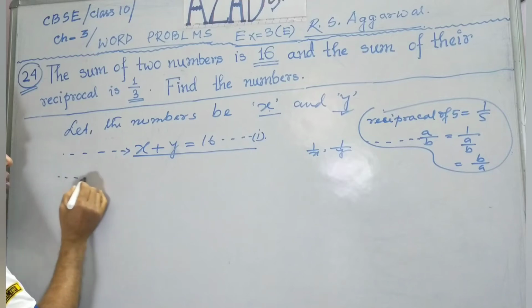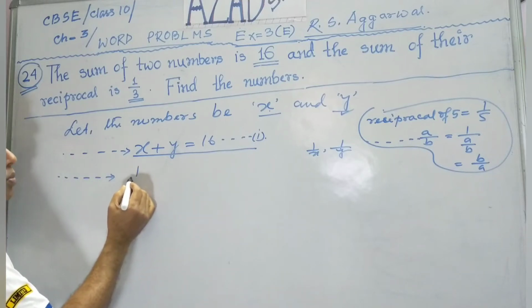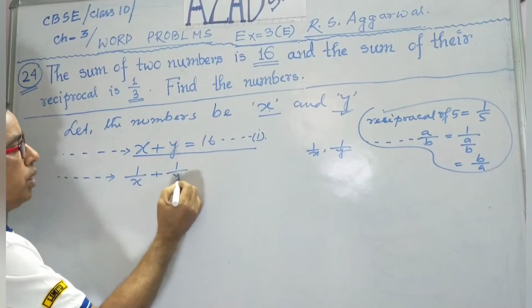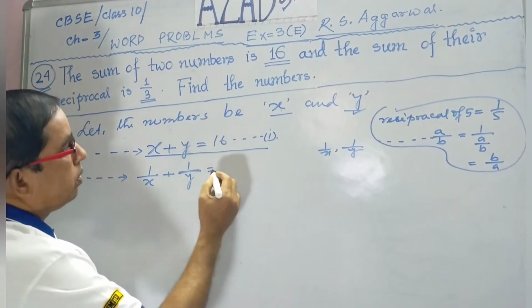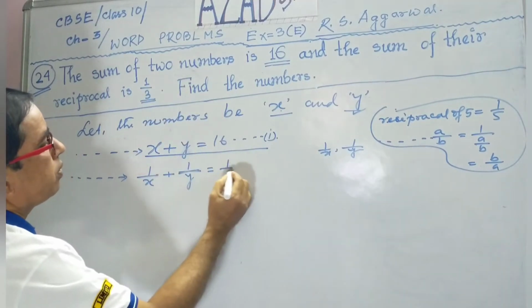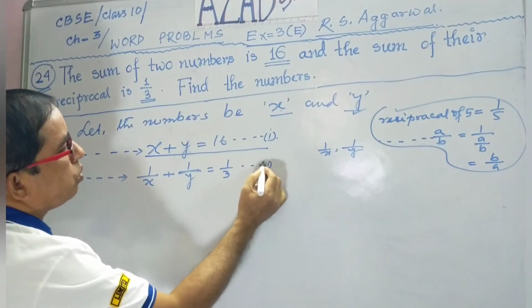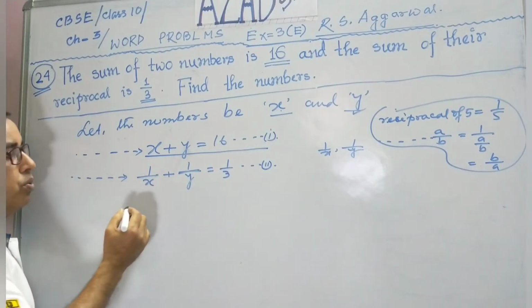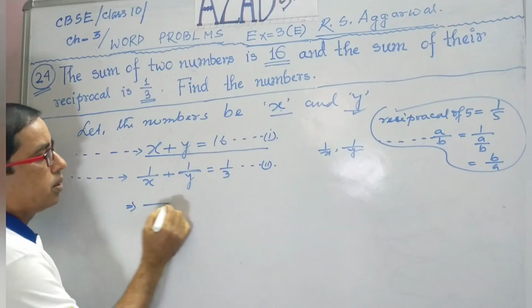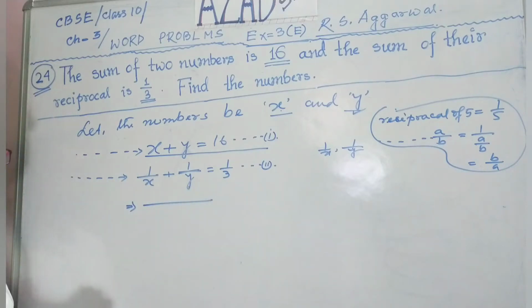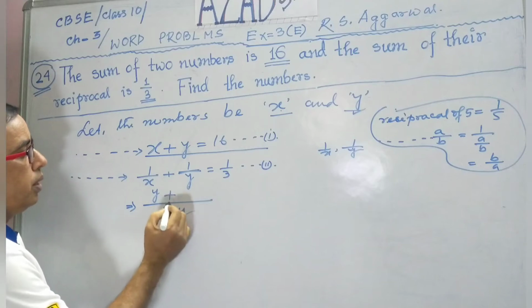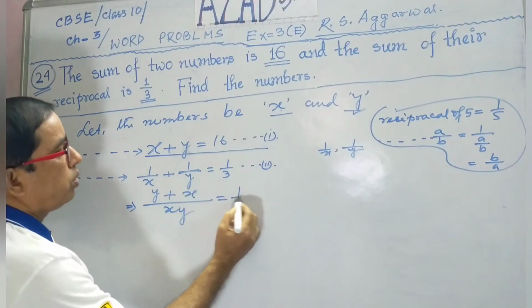So according to second condition, it will be sum of the reciprocals, means 1 by x plus 1 by y equal to 1 by 3. This is equation 2. Now from equation 2, we will get like this. What is the LCM of x and y? You know, LCM of x and y is xy. Now here it will be y and here it will be x equal to 1 by 3.